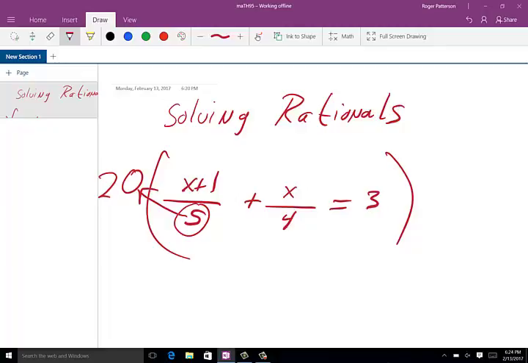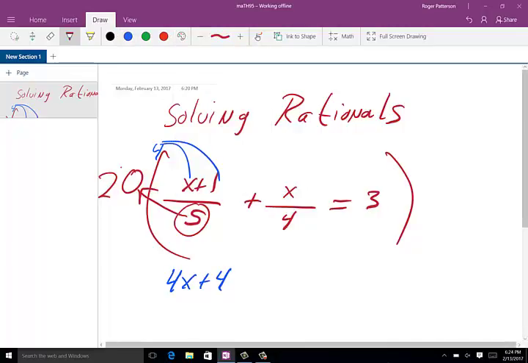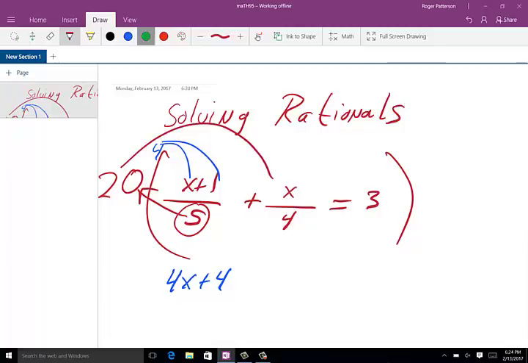Yes. So now I'm going to take 4, put it right here, and multiply to those two things. So now we have 4x plus 4. This 20 is also going to multiply to this expression, but this 4 is going to go to this 20, and that's going to leave me with 5.